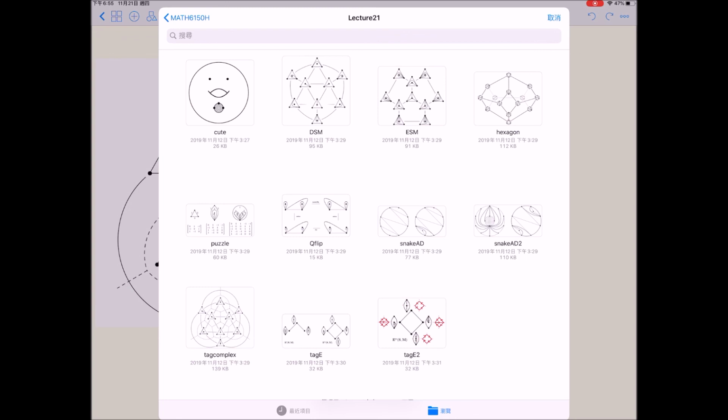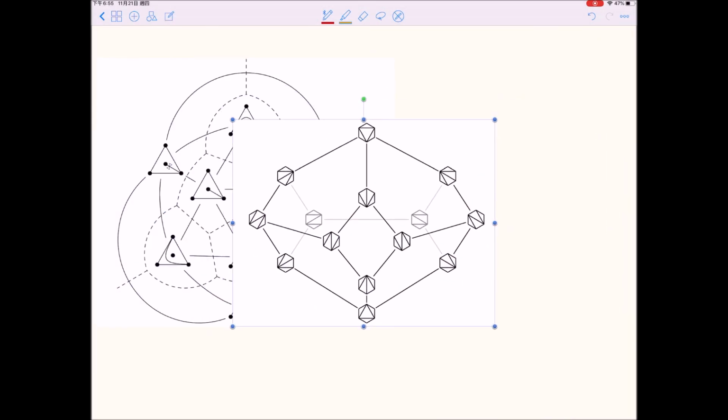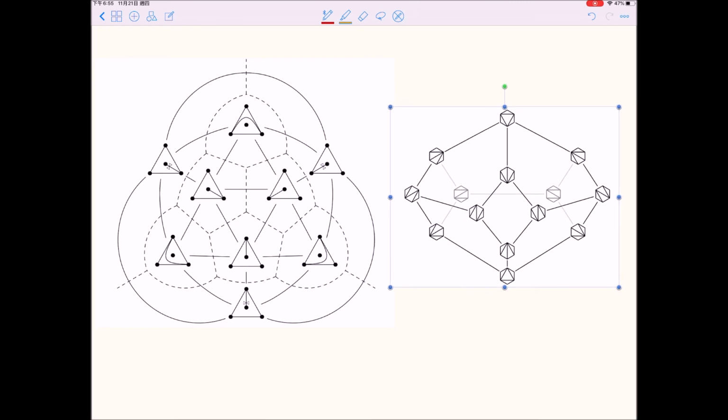And if you recall the cluster complex for the triangulation of the hexagon, you will see that they are actually the same picture. Here, this is the exchange graph of the hexagon, and this is the delta tag of the one-puncture triangle.